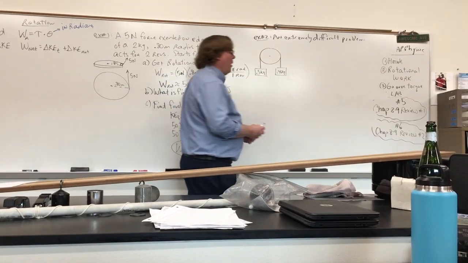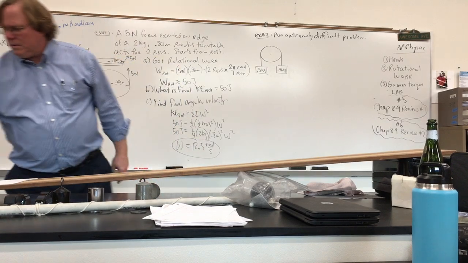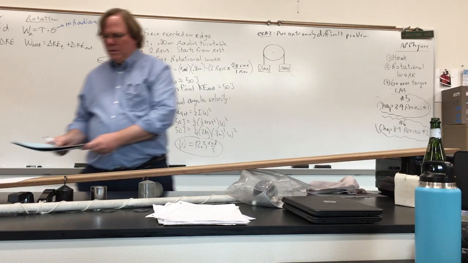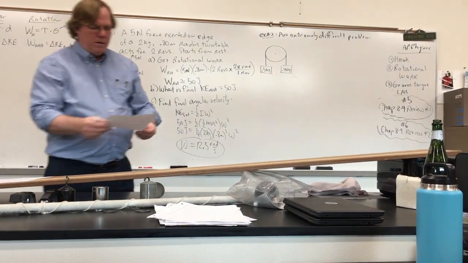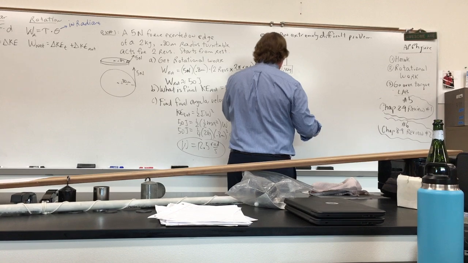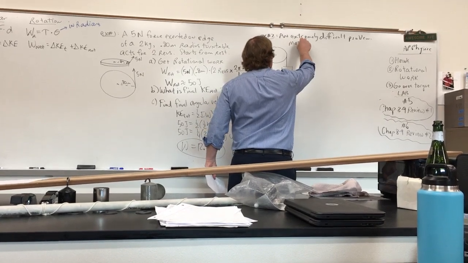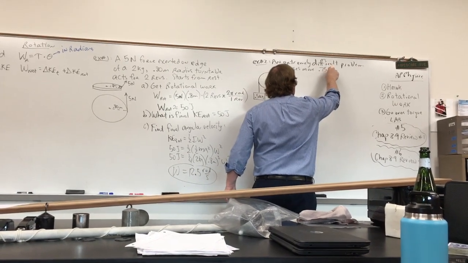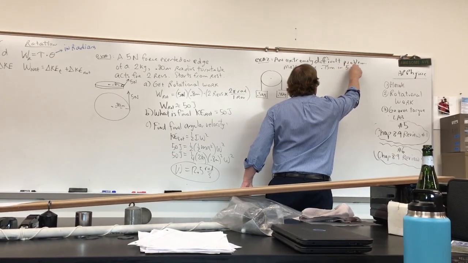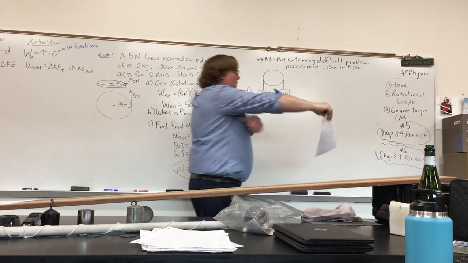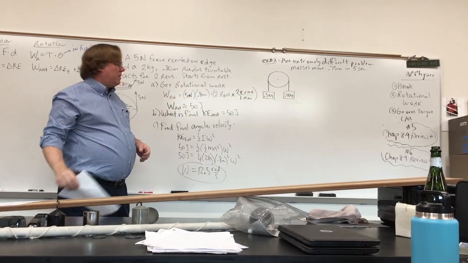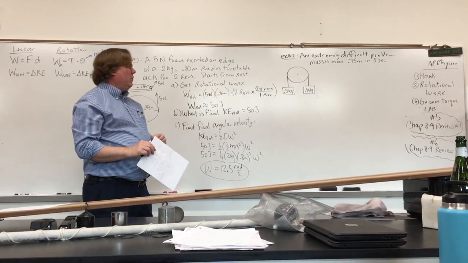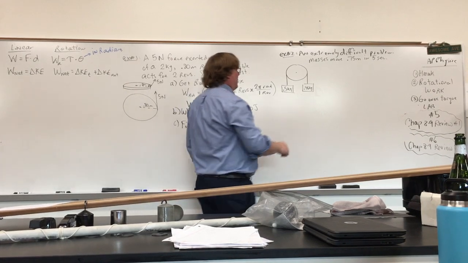And so let me give you the problem. The masses move 0.75 meters in 5 seconds. The 0.5 mass going down and the 0.46 going up, but they move 0.75 meters in 5 seconds.